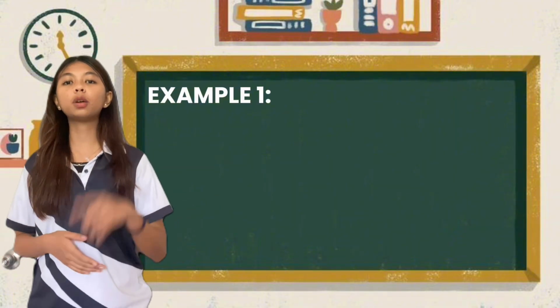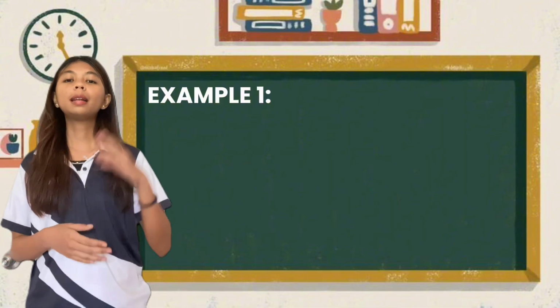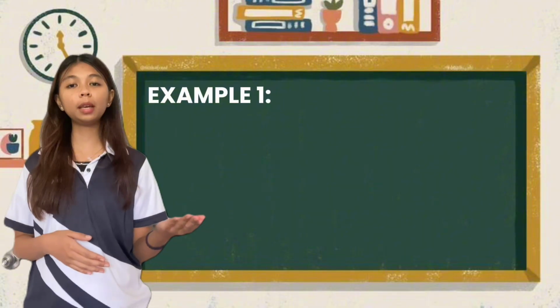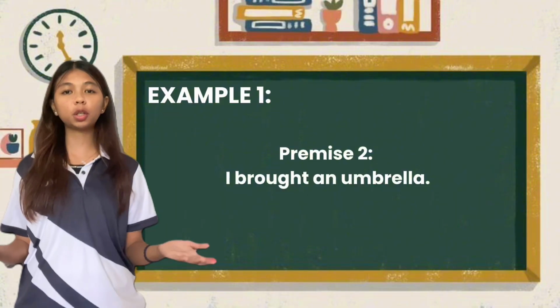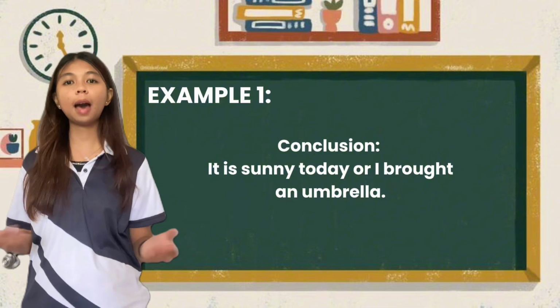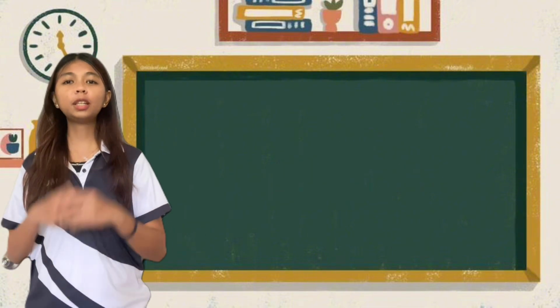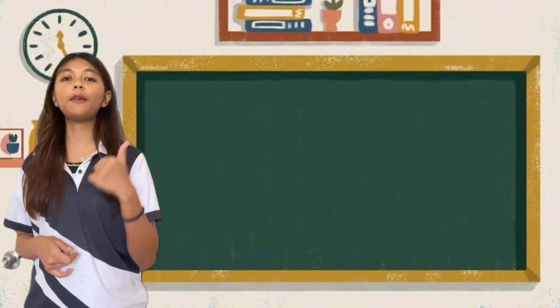We will add any other proposition. Let's assume our Q is, I brought an umbrella. So our conclusion will be, it is sunny today, or I brought an umbrella. Did you understand? If you understand, that is very good.